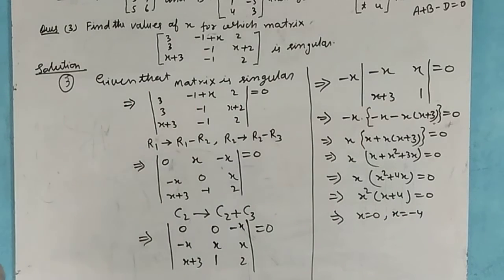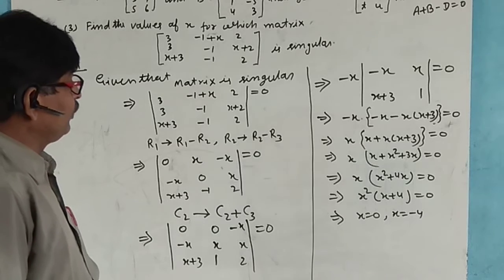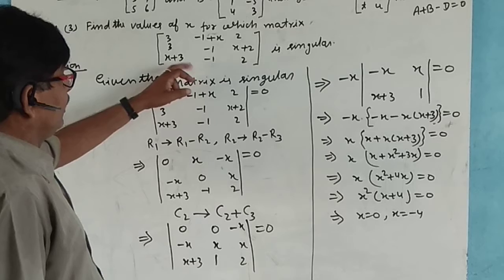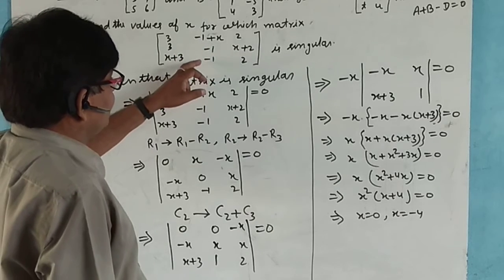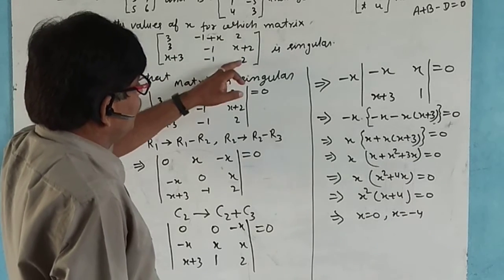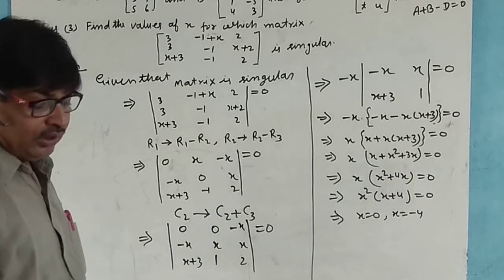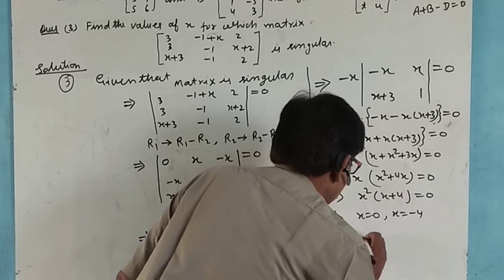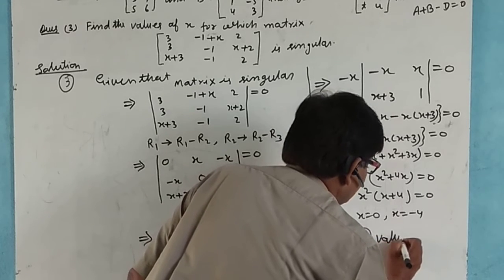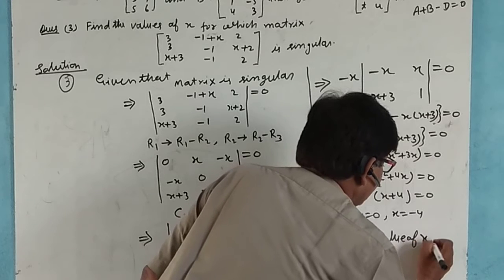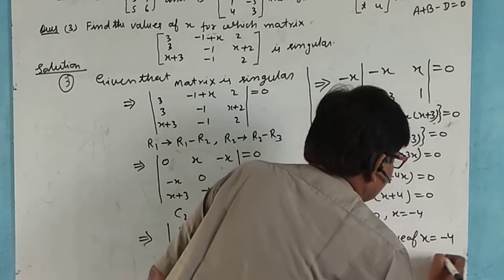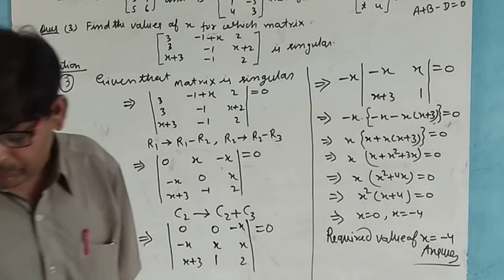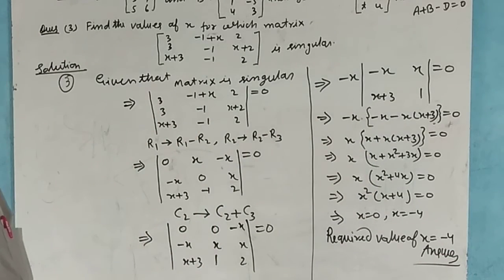Now if we put x equal to 0, then this is 3, x equal to 0, minus 1, x equal to 0, 2. So the required value of x is equal to minus 4. This is our answer. So the value of x is equal to minus 4.